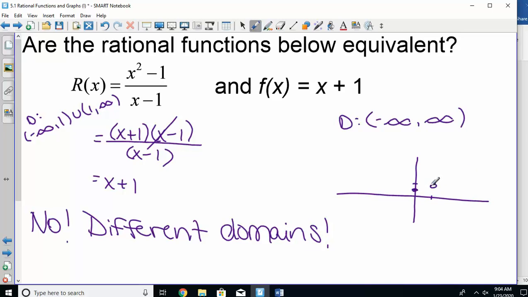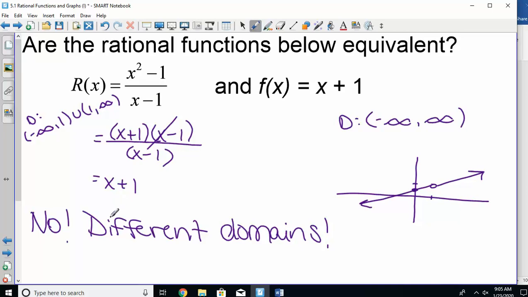The first one would actually have an open circle on the line when x is 1 because you couldn't plug a 1 into the original equation. So the graphs look almost identical, except this one will have an open circle in it and the second one won't. And that's something we'll talk about more later. But I just want to stress the importance when you're looking at domain, look at the originals, not what it reduces to. It's always based off the original problem.